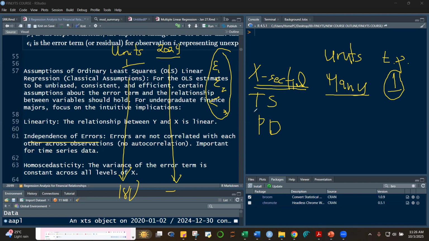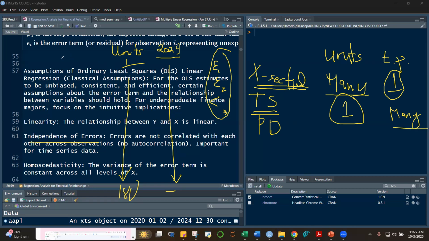Now compare that with a time series. For a time series, class, you only have one unit, and the time period is many. Example, let's just take a look at the Philippines. Only one unit, right? We are looking at the GDP of the Philippines, so the unit is only one, but the time period is many.